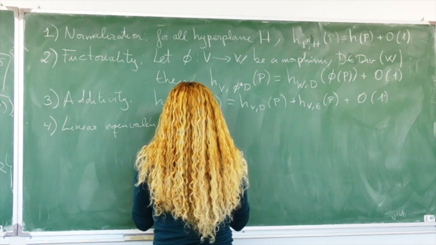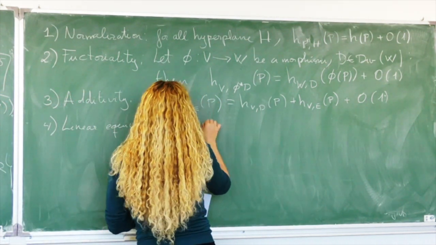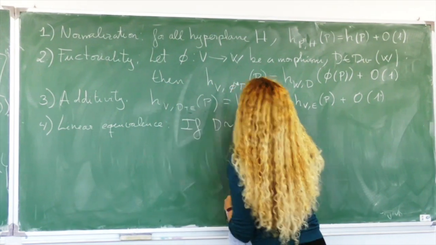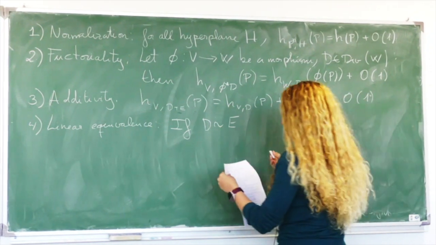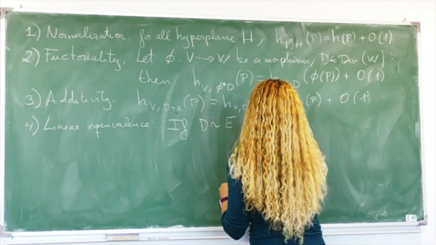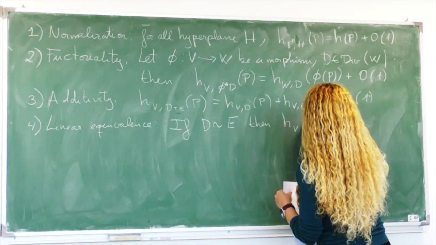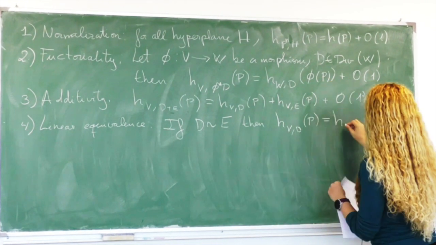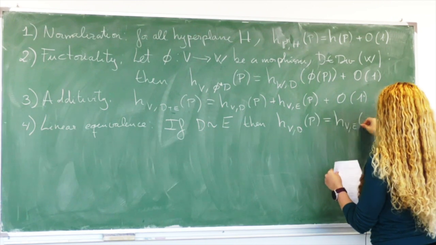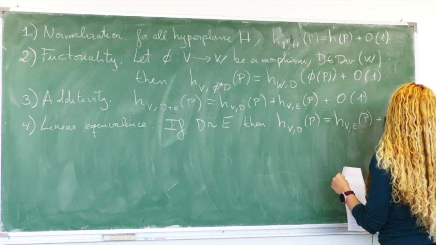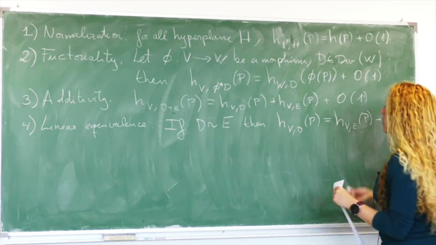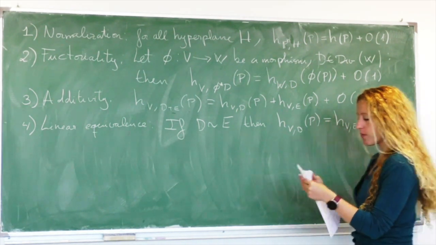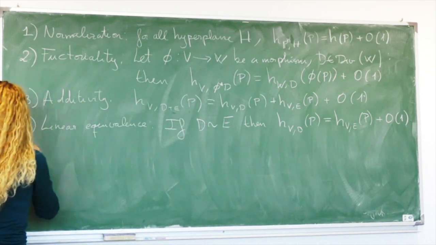And this is what we have. If two divisors are linearly equivalent, then the corresponding heights are equal, of course, up to a constant. But again, this constant doesn't depend on the point P and can be explicitly computed.